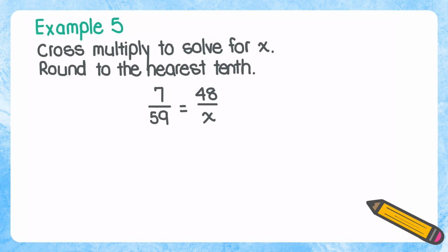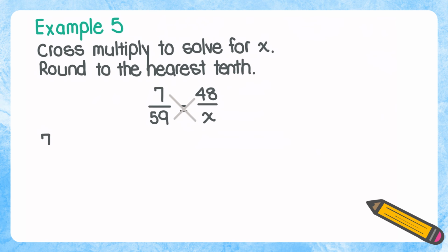Here's example 5. We're going to cross multiply to solve for x, and we're going to round to the nearest tenth. We have 7 over 59 equals 48 over x. So how do I rewrite this equation through cross multiplication?